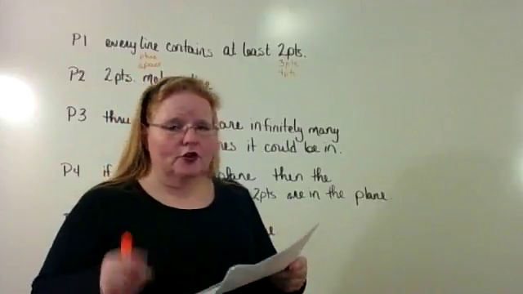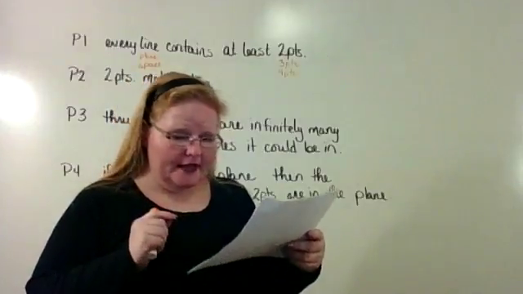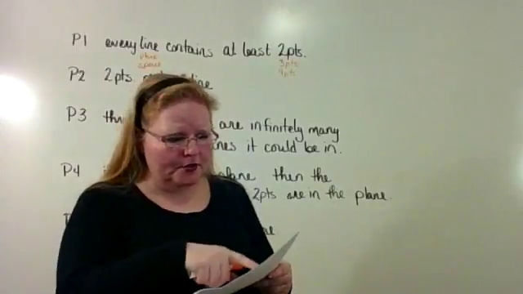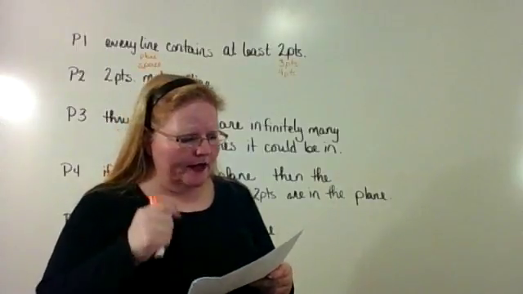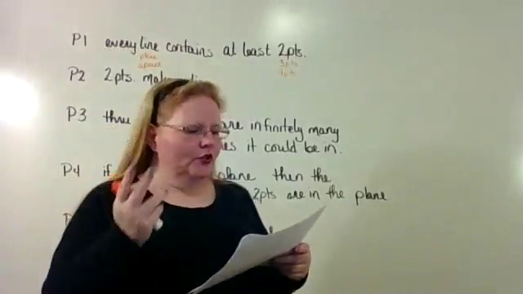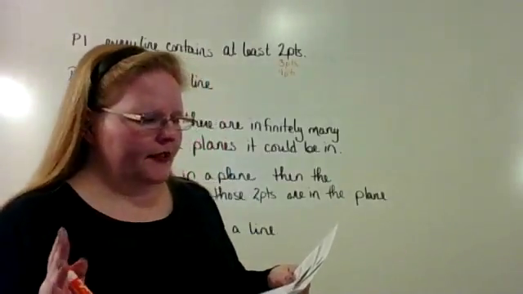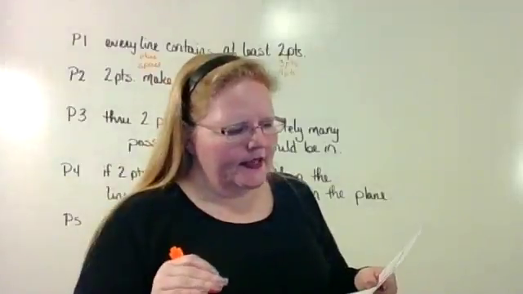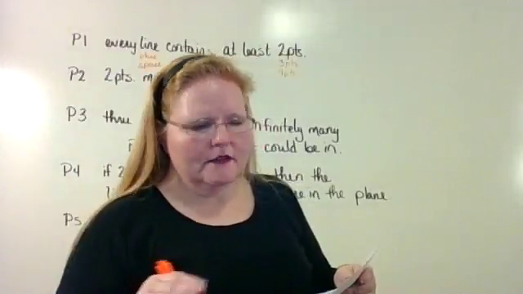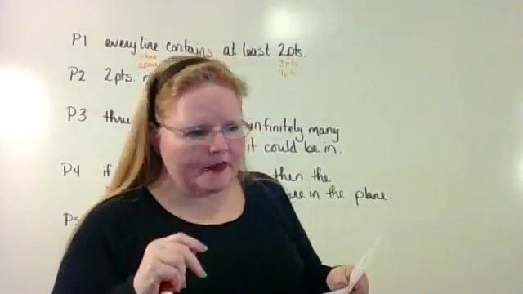So if you will look at the top of page 8, they have a pretty little picture there so that you can see what they're talking about. It says through any 2 points, there are infinitely many planes. If you look, C and A form a line because 2 points make a line.